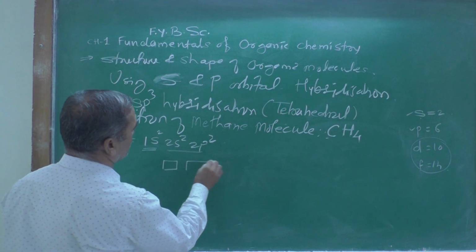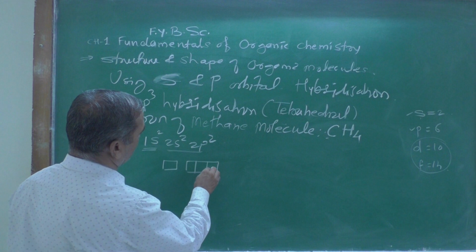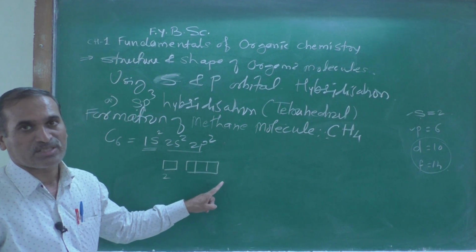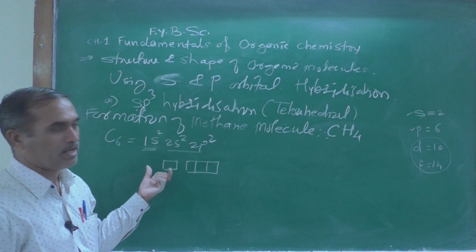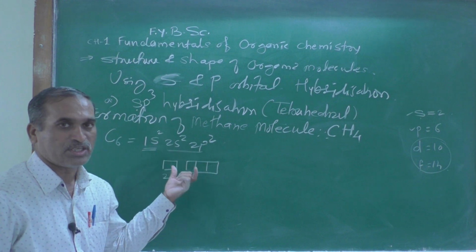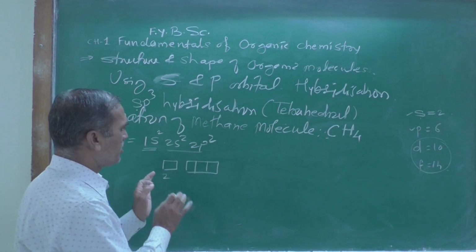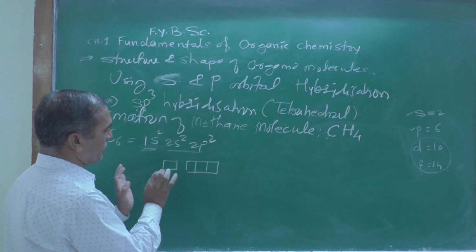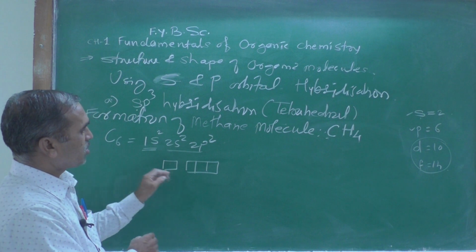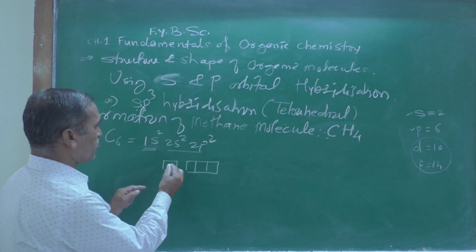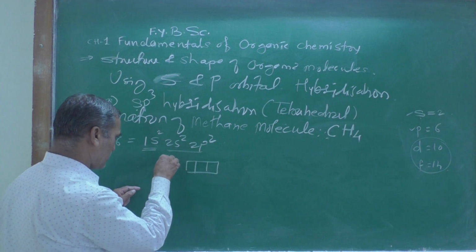Now this one, as we know, is the 2s orbital, and these 3 subcells are there. S and p orbitals are different in shape, different in energy, everything is different. Now the electrons are filled according to Hund's rule of maximum multiplicity.